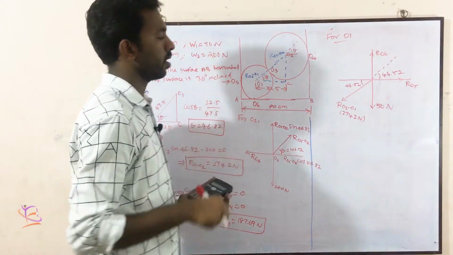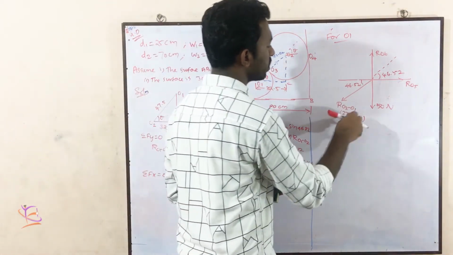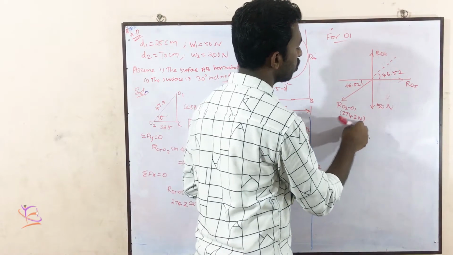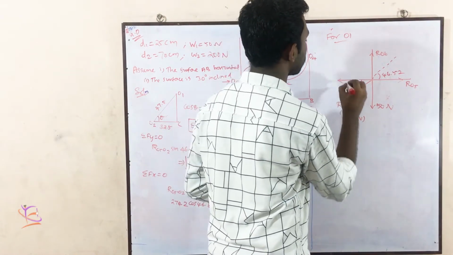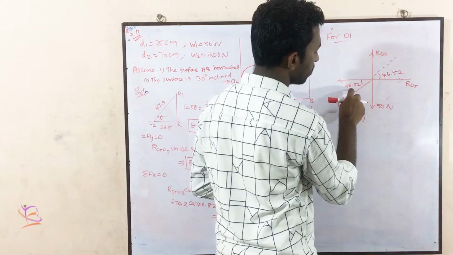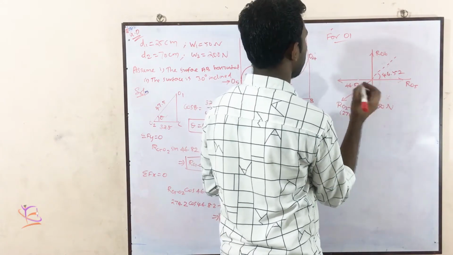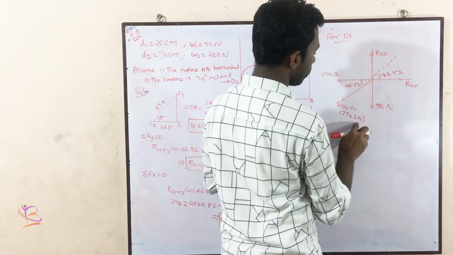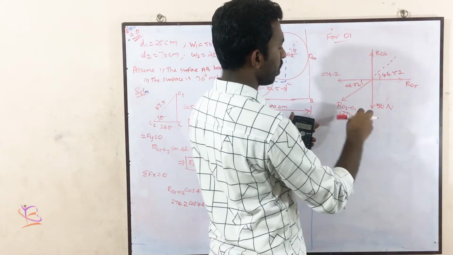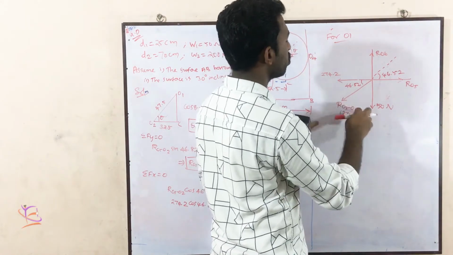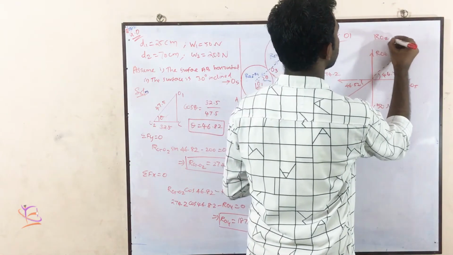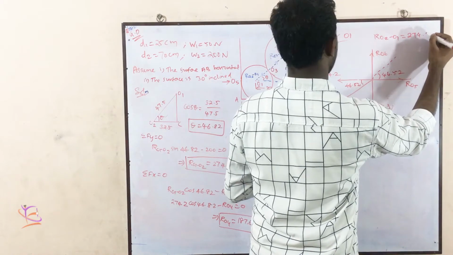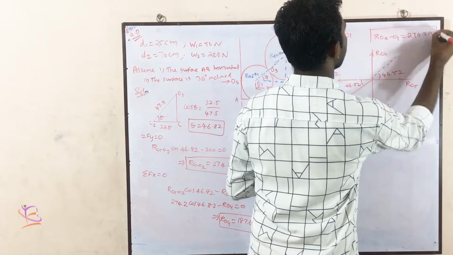We have calculated it already. So now we have to resolve this inclined force, 274.2 Newton, into horizontal and vertical. So this will be cos theta, and this is sin theta. You can substitute the value: R O2 O1 is equal to 274.2 Newton, which you can take from the first.